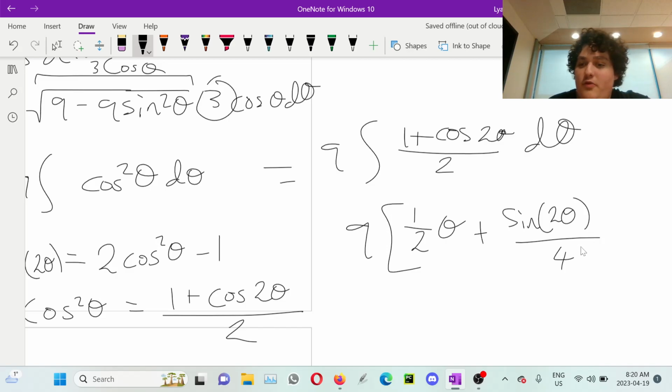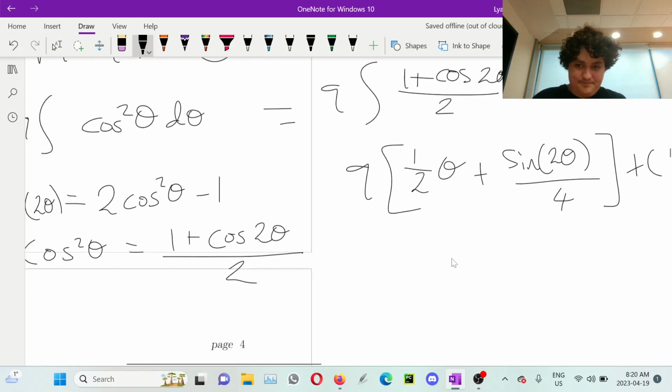Now, why is it over 4? Because first of all, we had over 2, and then we should use reverse chain rule to multiply by 1 over the derivative of the inside. So when we go to differentiate this, when the 2 comes out, it'll cancel with our other 1 over 2. So something like this, right?